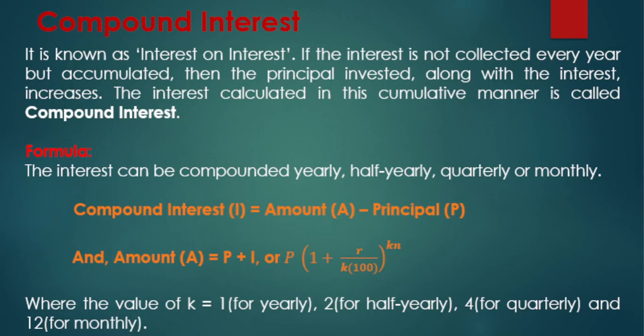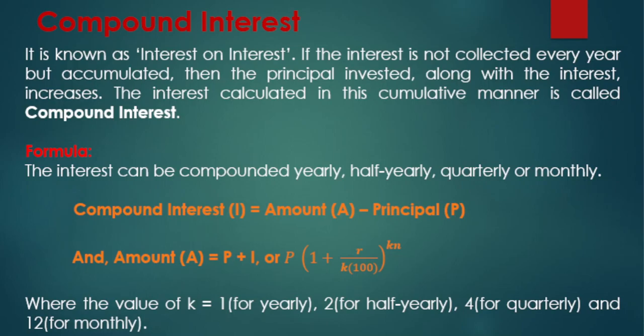It is half yearly, yearly, quarterly, or monthly. And compound interest I is equal to amount A minus principal P, where amount is represented by P into 1 plus R upon K into 100 to the power K into N.